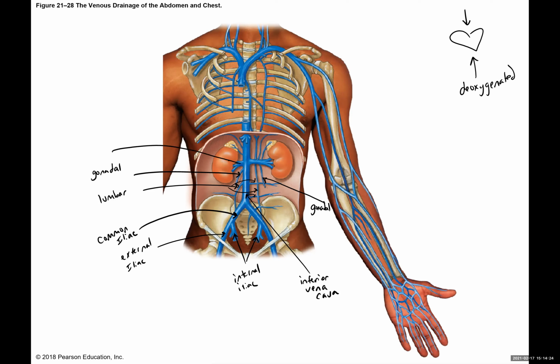We have our renal veins here, going to the kidney, of course, and then going to each adrenal gland here and here. We have the adrenal vein.